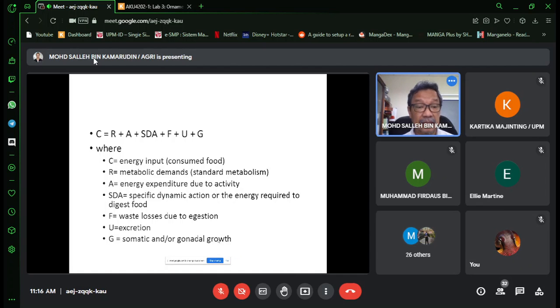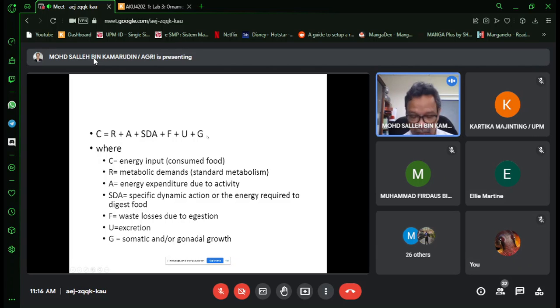Alright. Samalah juga ni kan tadi, energy input consume sama yang tadi. R ni metabolic rate, A expenditure on activity, sama yang lain. Barulah kita growth. Ini yang nak kira yang ni. Growth ni yang important.